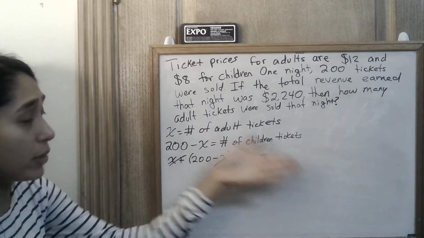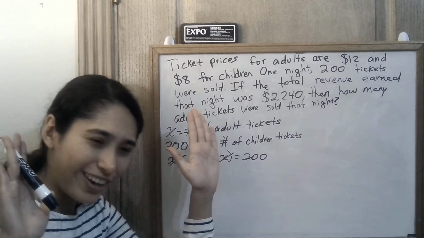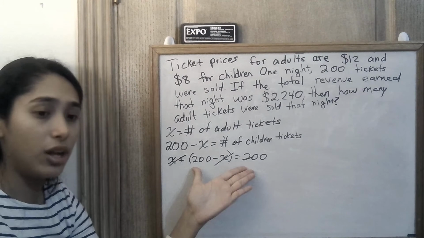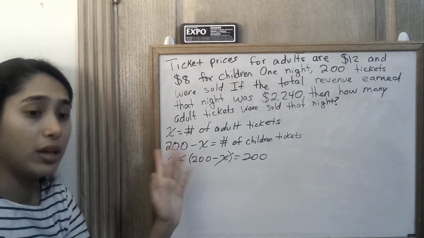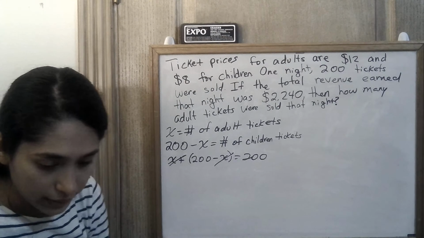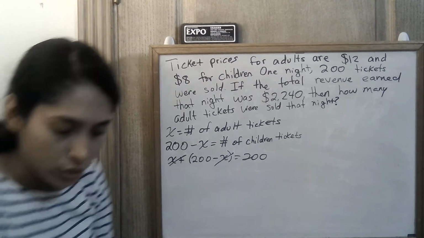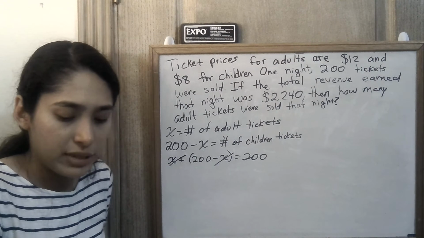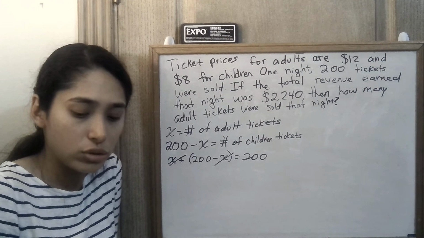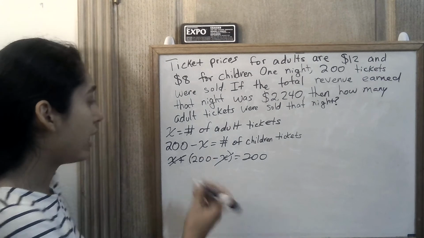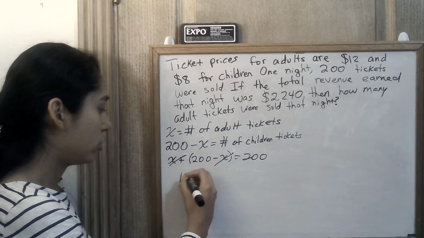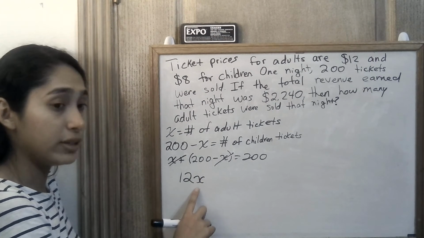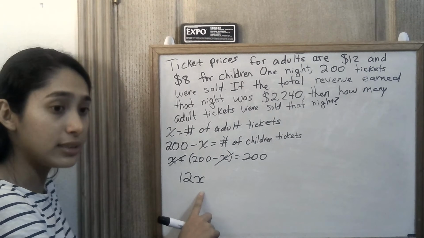Okay, so let's set up our equation for solving this, talking about the number of tickets. This is just the logic behind setting up the variables like this. Okay. So what we're going to do is multiply each term by the cost for that type of ticket, and then we're going to set it equal to the total amount of revenue. So I have 12x, so I have $12 for each adult ticket times the number of adult tickets.